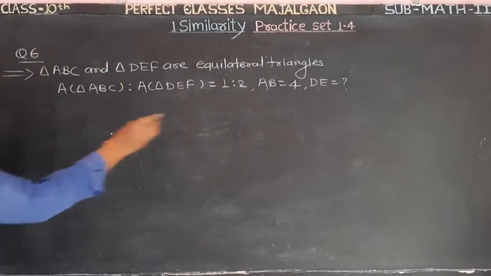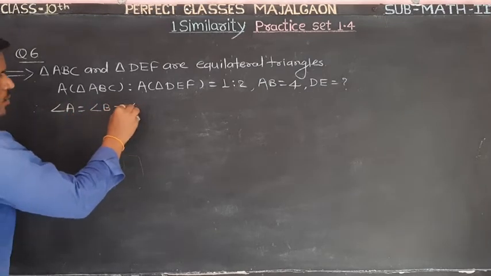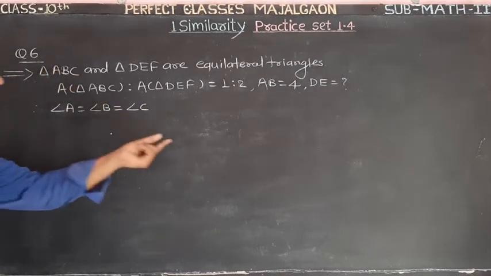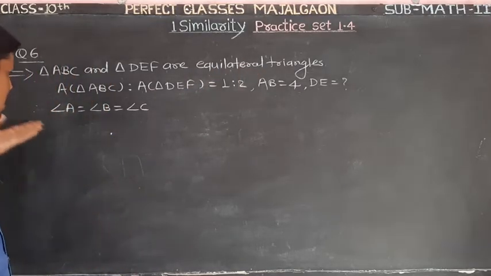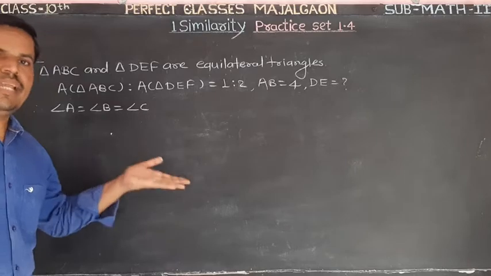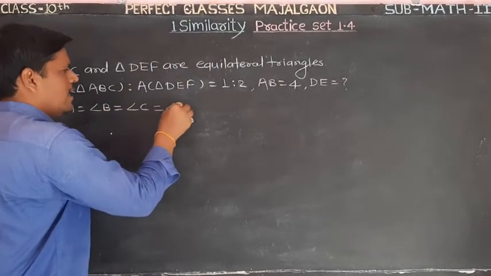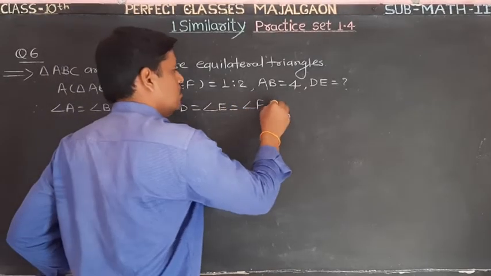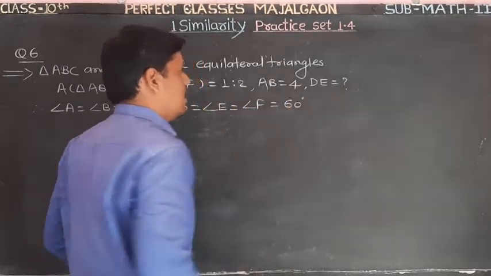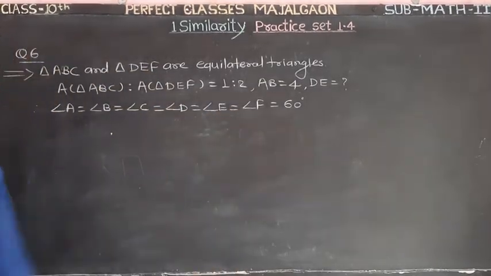Therefore, here I write angle A equal to angle B equal to angle C, because ABC is an equilateral triangle, and the measure of each angle is 60 degrees. Also DEF is equilateral, therefore angle D equal to angle E equal to angle F. All these triangles are equilateral, therefore the measure of every angle is 60 degrees.